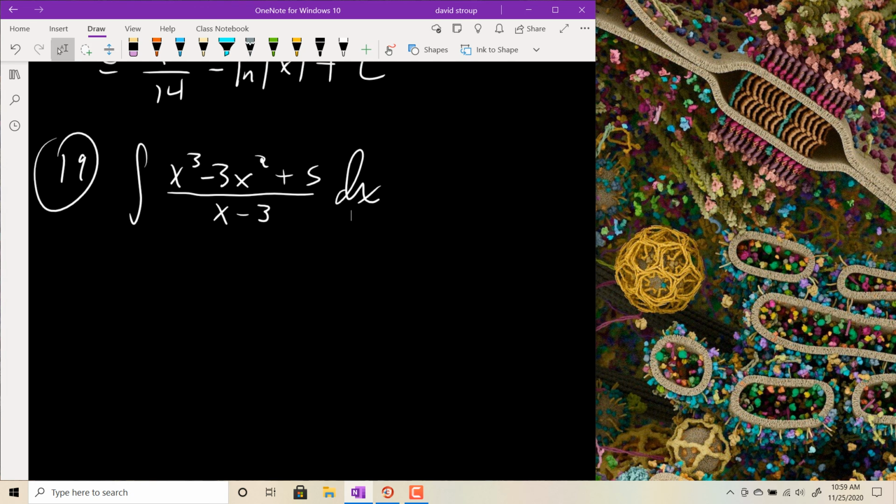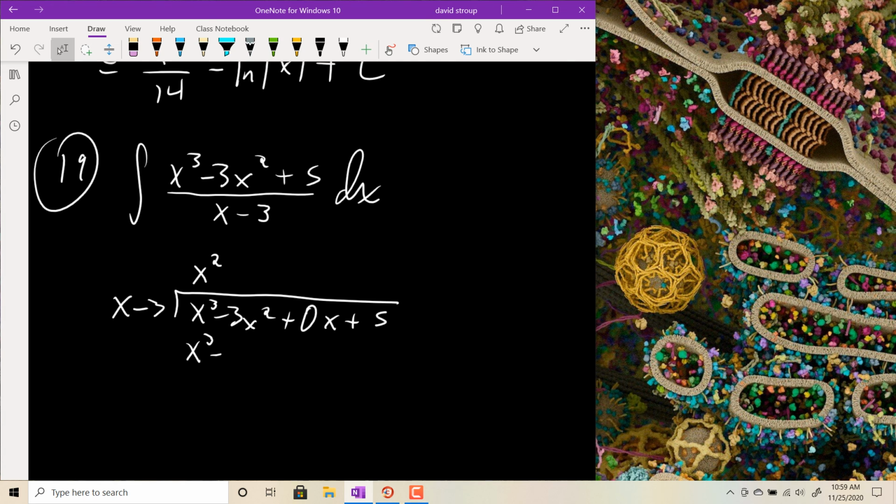The denominator's degree is less than the numerator. So I'll go x minus 3 into the x cubed minus 3x squared. And I like to use placeholders, so plus 0x's plus 5. You don't have to, but it just helps line everything up when you go to do your subtractions. So I asked myself, what times x is x cubed? So x squared times x. So I get x cubed minus 3x squared, and then subtract. So both of those are 0, and then plus 0x, and then plus 5.